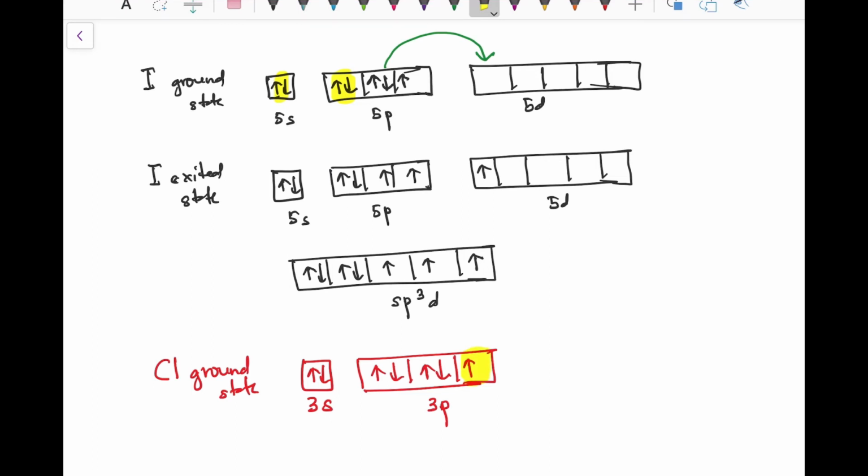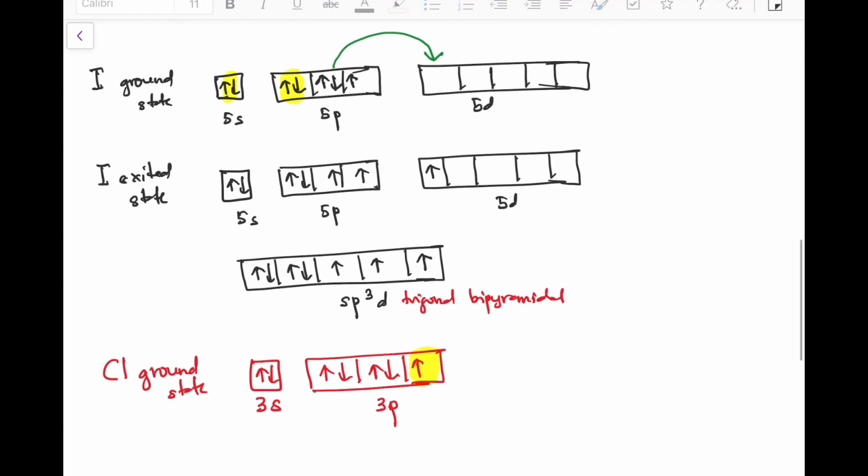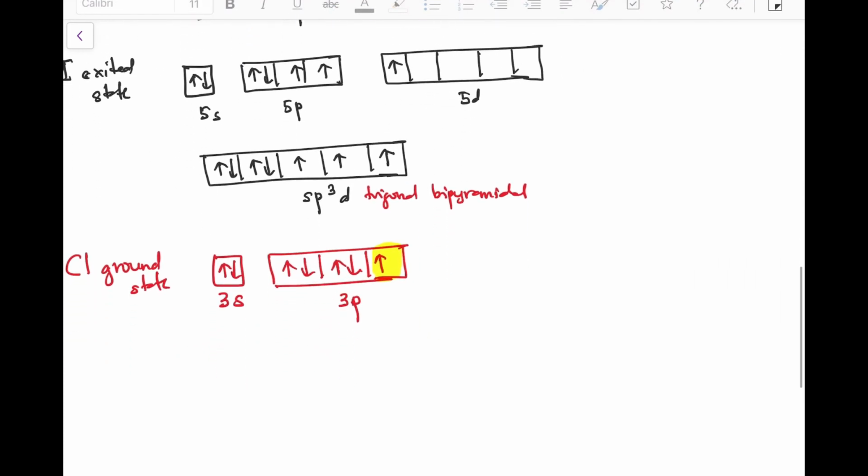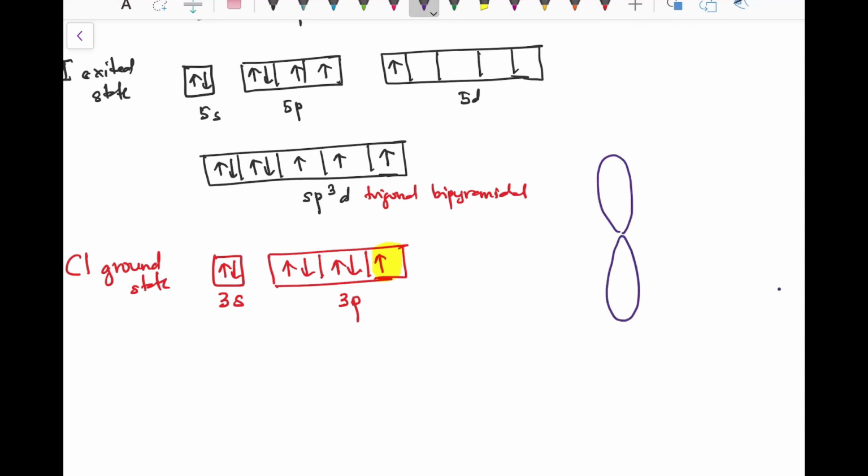Because the hybridization is sp3d, the shape is supposed to be trigonal bipyramidal. So we can draw a shape that represents the trigonal bipyramidal. We have 1, 2, 1, 2, 3.